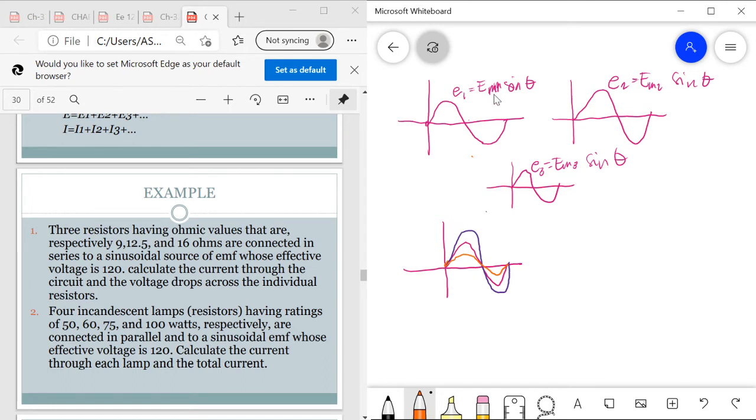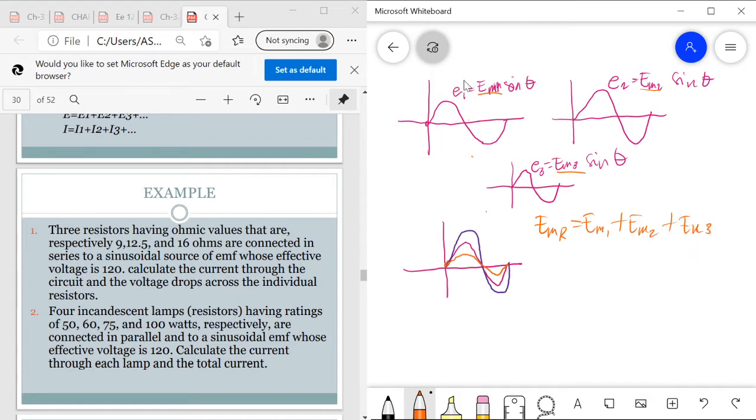So lahat ng values ng EM1 mo, EM2, and EM3, kung gusto mong kunin yung E maximum resultant, it is just the arithmetic sum of the EM1 plus EM2 plus EM3.